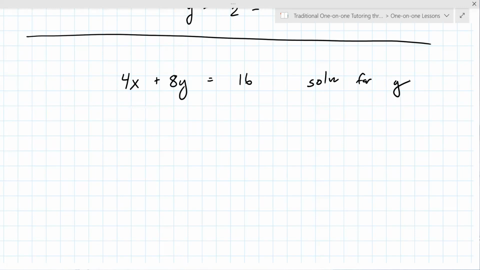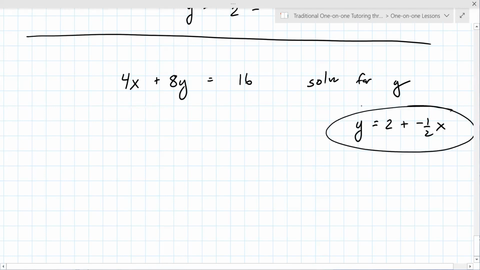So it'd be y equals 2 plus negative half x, like this. On the right here, does that look right? Yeah. Okay, let me just work this out here. Now there's a convention here that I didn't tell you about, which is that you actually prefer to put the x term first.